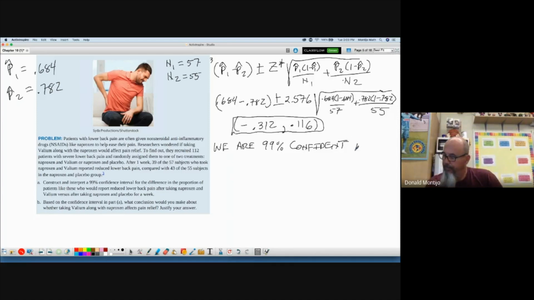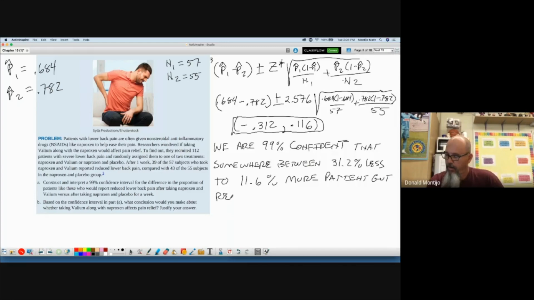that somewhere between 31.2% less to 11.6% more patients got relief. When? What did we do? We subtracted the one minus the other one.